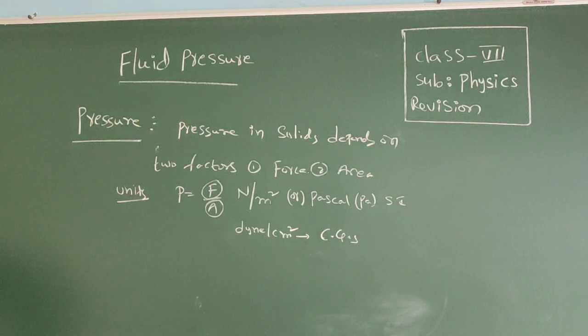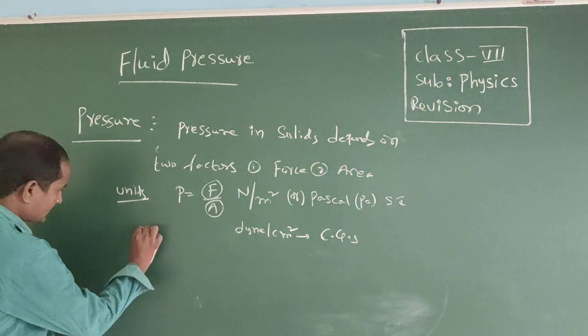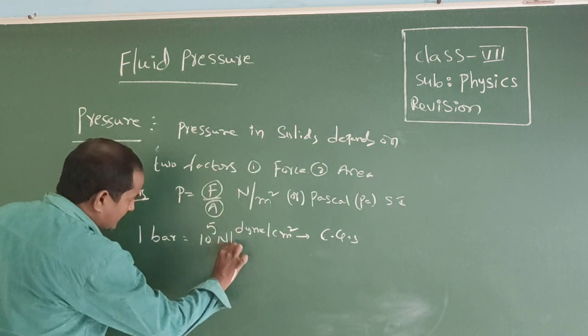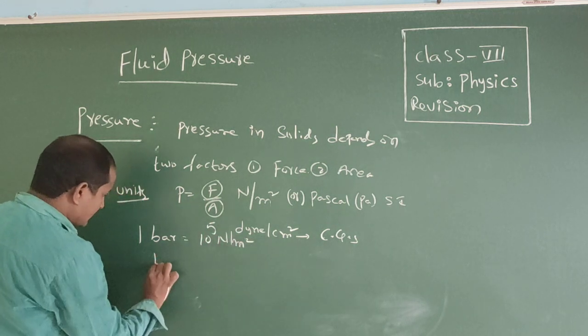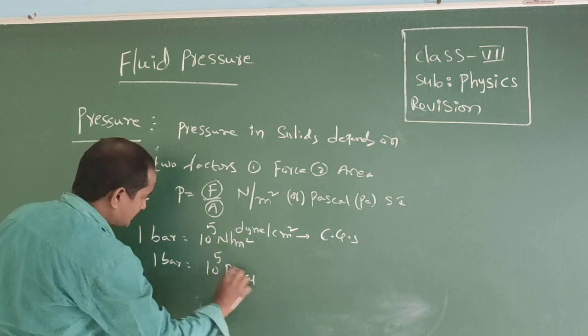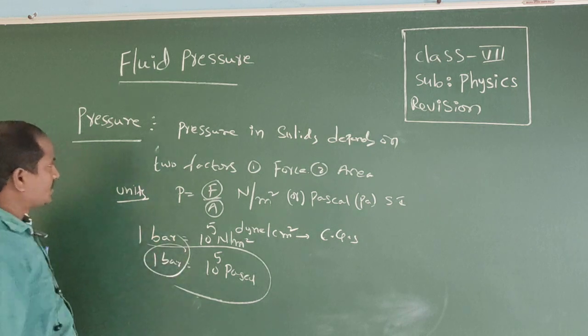Next, other units for pressure are bar and torr. One bar equal to 10 power 5 Newton per meter square, or one bar equal to 10 power 5 pascals. Bar is also a unit of pressure.